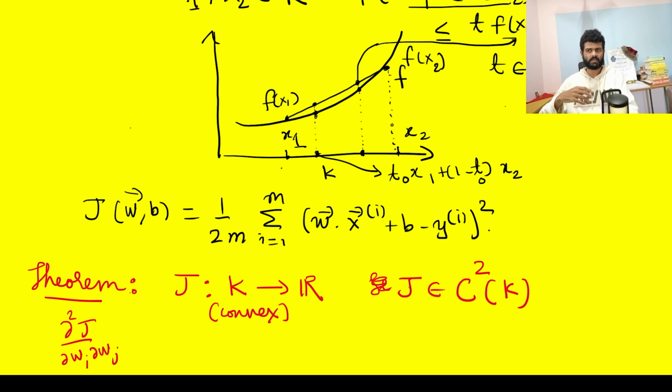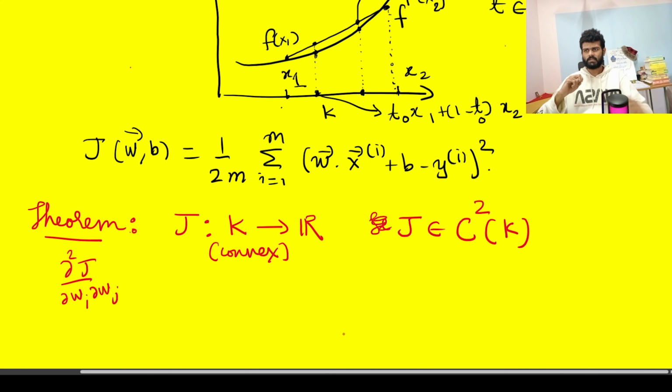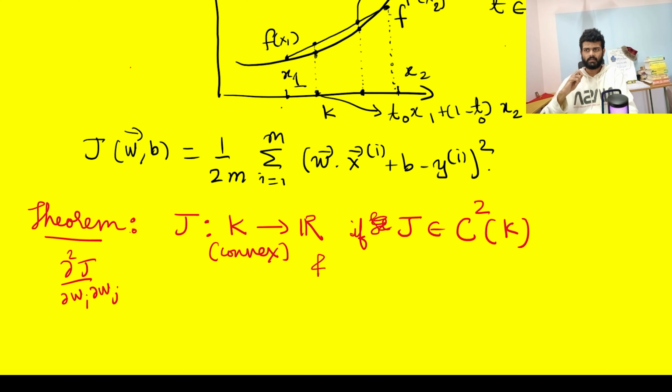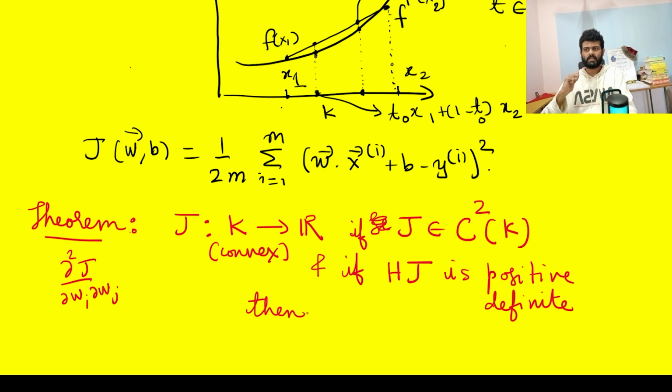So you can calculate the second derivatives, and they are continuous. If that is so, and if the Hessian matrix associated with J is positive definite, I will explain what that is, then J is convex.